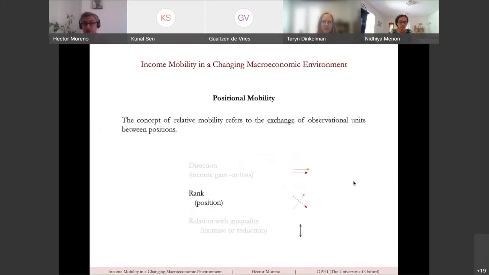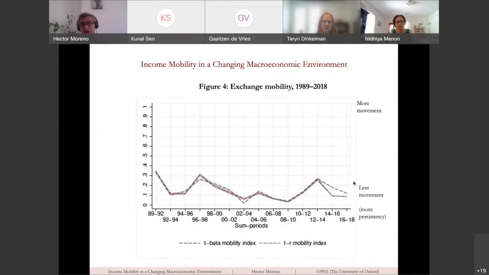Let me start with positional mobility, so the exchange of units along the income distribution. And I'm going to show you two indices. On the horizontal axis, now we don't have years, but we have periods of 2 years. And in the vertical axis, we have the value of these indices.